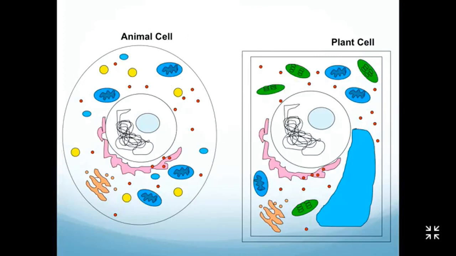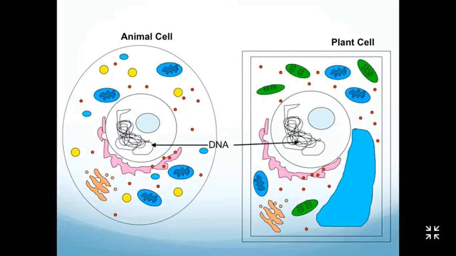As you can see here in the plant cell, the cell membrane is located here, where the cytoplasm is inside the cell, right? It's a jelly-like fluid. The nucleus is inside, in the middle part. The nucleolus is located inside the nucleus, where the ribosomes are produced.